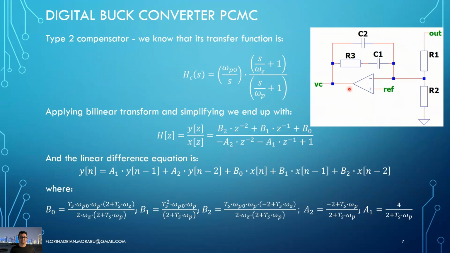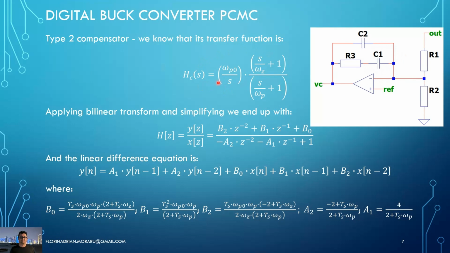We know that we can then use the type 2 compensator to stabilize the voltage loop of this converter. Of course, we know the transfer function of this type 2 compensator.